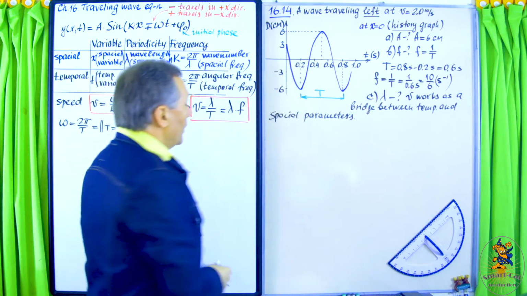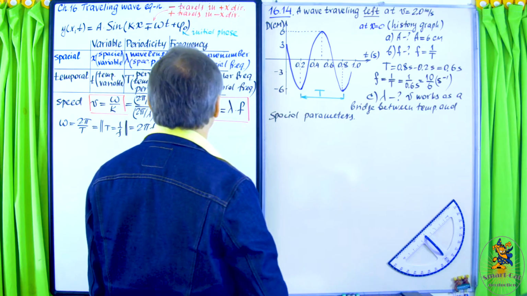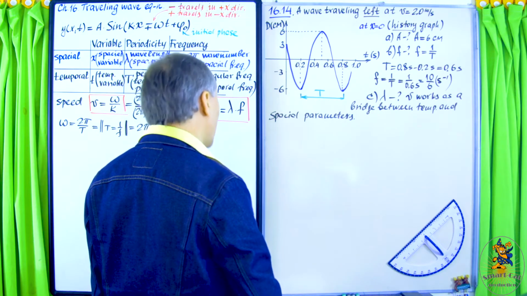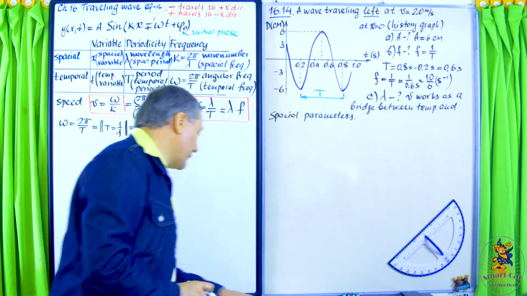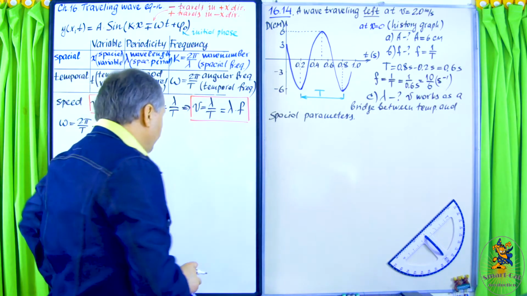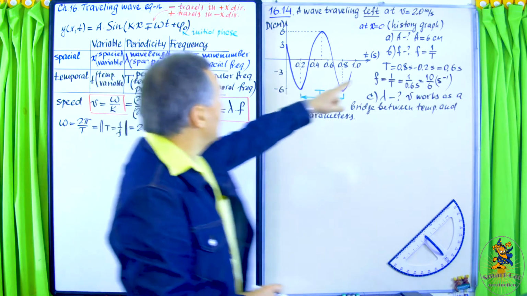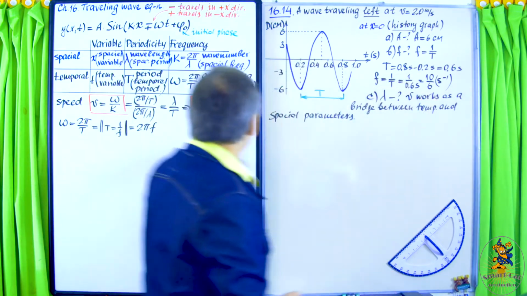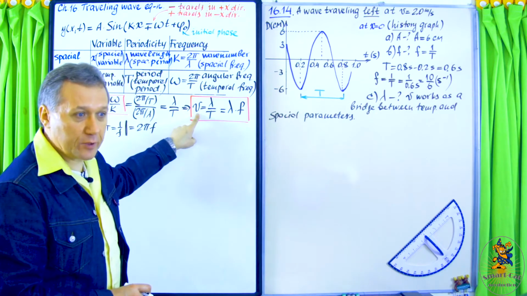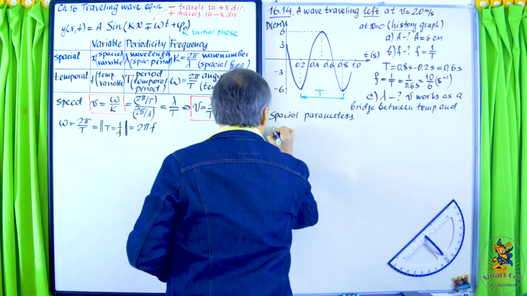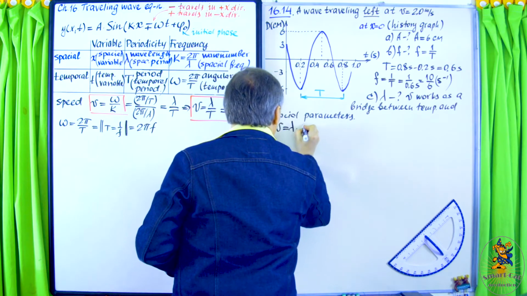Okay, so now lambda, yeah, we can first find, for example, frequency. Frequency we found, so we can use this formula for the speed, right? V equals lambda f. Yeah, I think this will be the best. V equals lambda f, right?